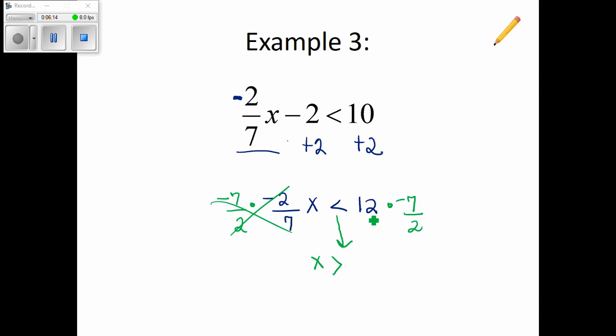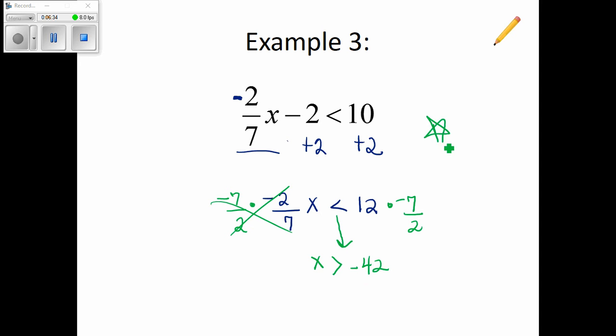And I take 12 times negative 7, which is negative 84, and divide that by 2, which would be negative, I believe, 42. So negative 42, okay?